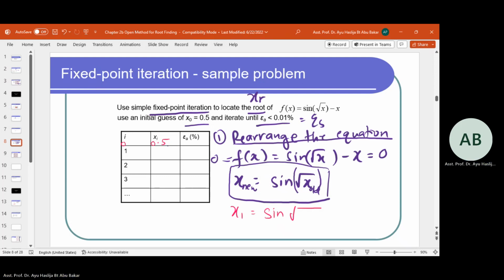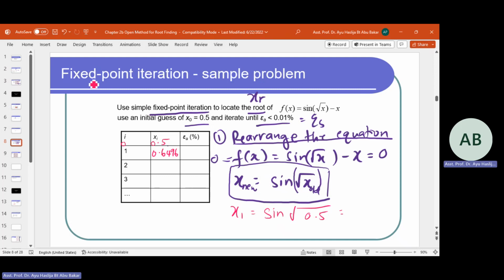times 0.5. What do you get? Use radian. 0.6496, correct? Okay, then proceed the same approach for the next iteration.